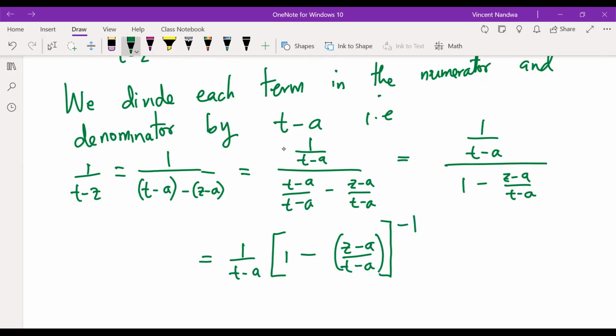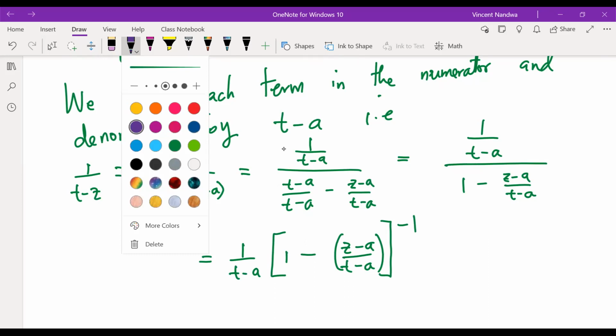The question will be, why are we struggling to do this? The reason is we want to rewrite this fraction 1 over t minus z in such a way that we get an expression which can be expressed as a binomial series.